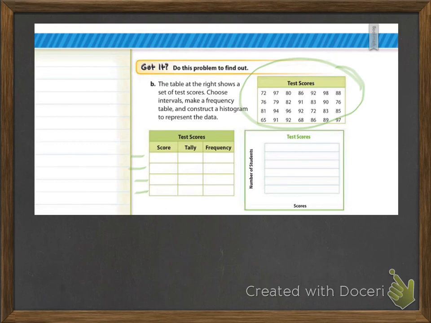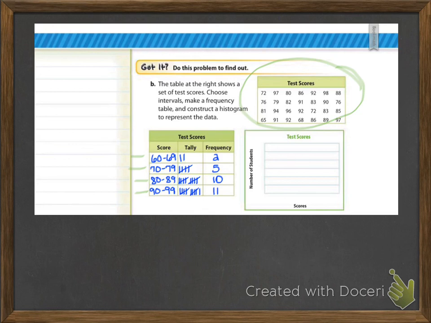So I went ahead and did my intervals from 60 to 69, 70 to 79, 80 to 89, and 90 to 99. So remember, your intervals have to be even, and so you have to be able to include the smallest number and the biggest number in there. So I went ahead and did my tallies and then figured out my frequency. So you can see how my numbers are that are 2, 5, 10, and 11.